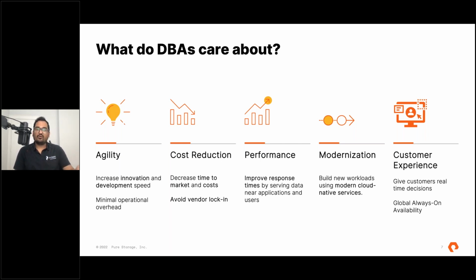So DBAs going forward, since they're going through this modernization journey, want to make sure that whatever they choose, it can be a Kubernetes-based solution, it can be any other modern solution, this modernization journey does help them reduce the cost for their organization and avoids that vendor lock-in. They don't want to be tied down to a specific cloud platform or specific database vendor. They want a solution that can help them move things around and change their strategy completely if a new CIO directive comes down the chain. So cost reduction is also the name of the game.